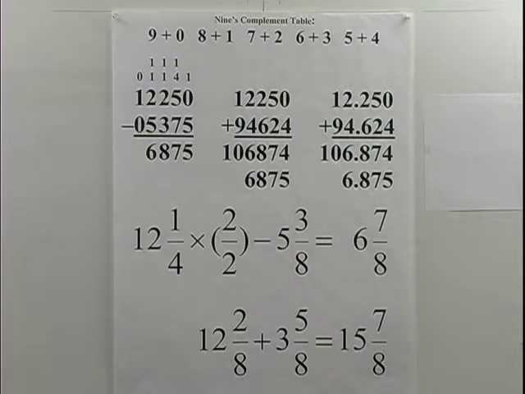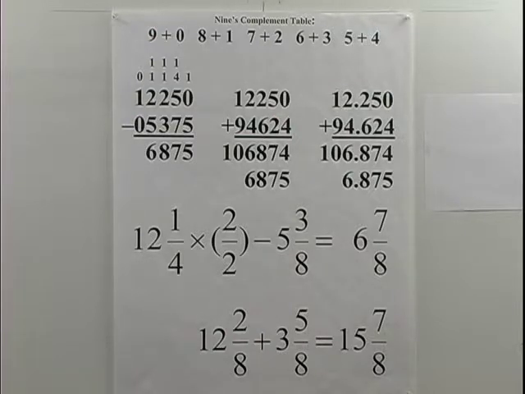The number added to 0 that equals 9 is 9. The number added to 5 that will equal 9 is 4. The number added to 3 that will equal 9 is 6. The number added to 7 that will equal 9 is 2. The number that added to 5 will equal 9 is 4. So I have the nines complement of the subtrahend.